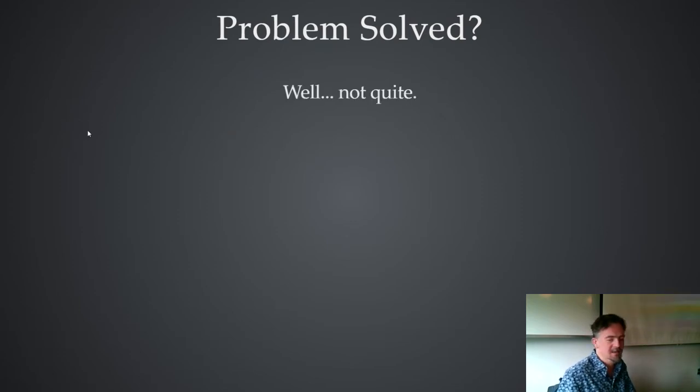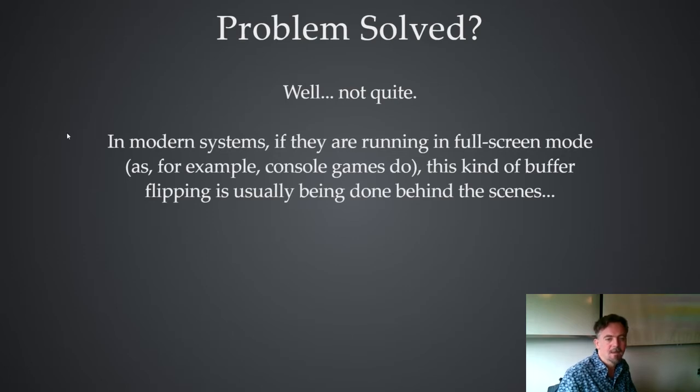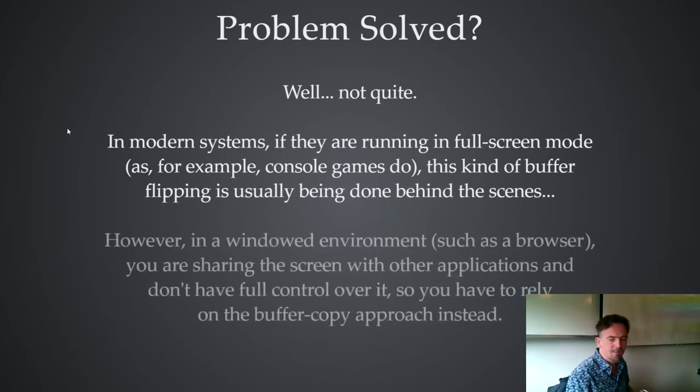Well, if only it were so easy. To a large extent, this is what happens in modern games and has been for ages, especially if they're running in full screen, like console games do, or like a Windows game does if you let it. It takes control of the whole screen. If you've got control of the screen, you're allowed to control these video memory pointers, so you can do this switching trick, and that's fine.